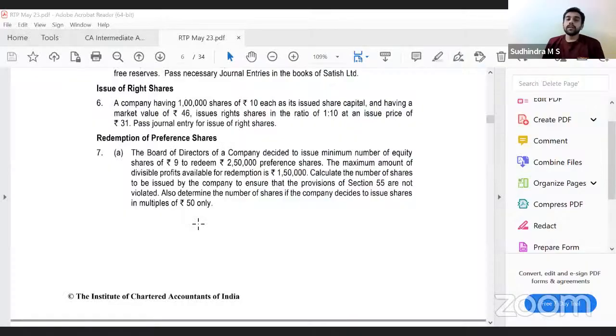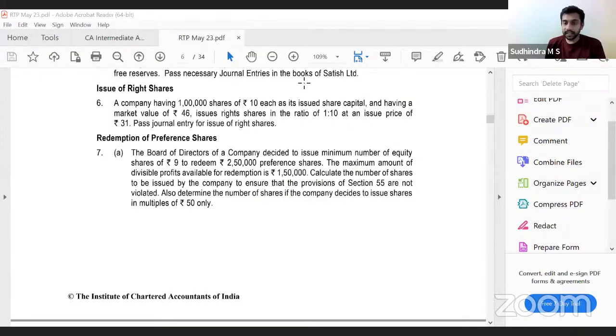Sir, I have taken some trial and errors. 11,150 into rupees 9 comes to 1,350,000, so it's in rupees 50 multiples. If I take any other number, it will be in decimals or not in multiples of 50.